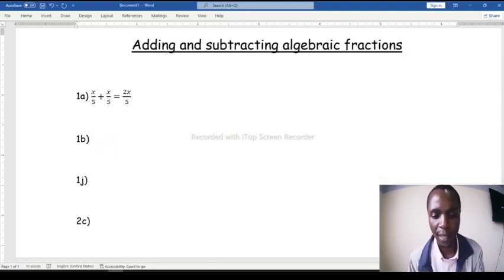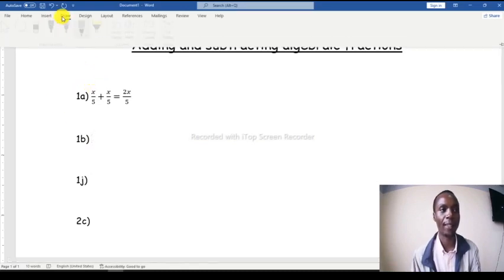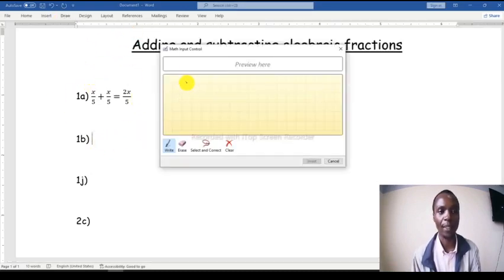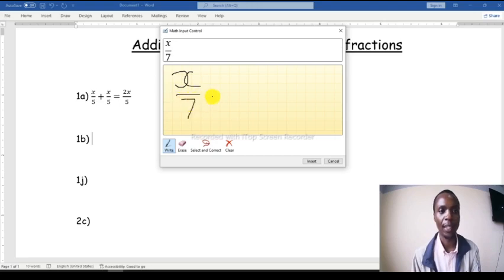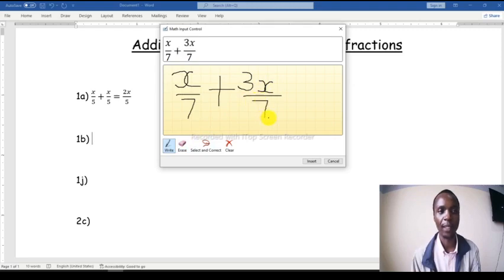Number b says x over 7 plus 3x over 7. So x over 7 plus 3x over 7, equals.